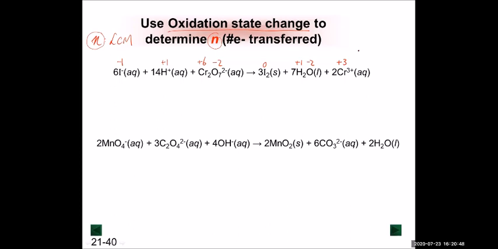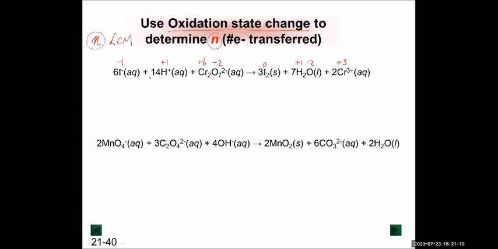So to use oxidation state to find out electron transfer, we need to find the oxidation state for each element first. And then next, we look at how each element changes. Let's first find out which elements did not change, and get them out of the picture. It will make the picture much simpler. You can see the hydrogen is +1, and in the end also +1.